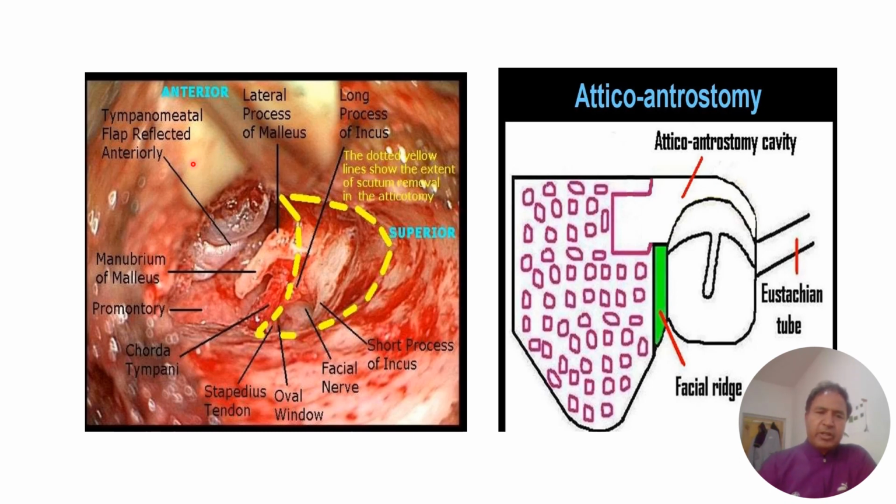This is the anterior direction, superior direction. We can see the facial nerve. We can see the short process of incus here. Facial nerve, oval window, stapedius tendon. You can see chorda tympani nerve, promontory, manubrium of malleus. We can see the tympanomeatal flap.